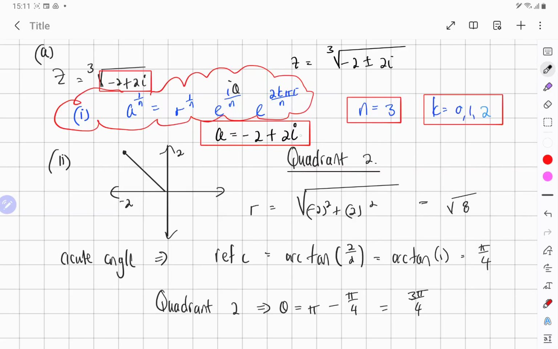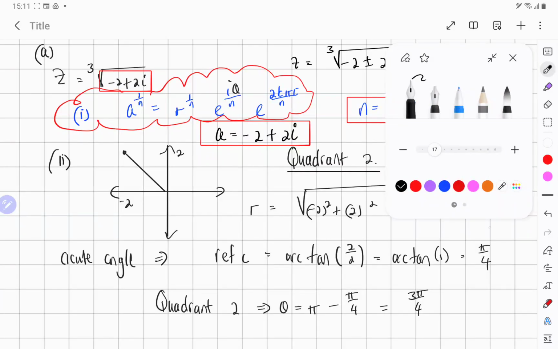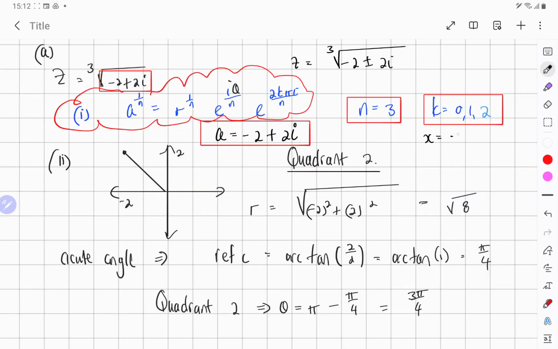So I have minus 2 plus 2i. Since my x is negative and my y is positive, I am working in the second quadrant, quadrant 2. Here I have my r, and there I have my theta, and you see that theta is an obtuse angle.